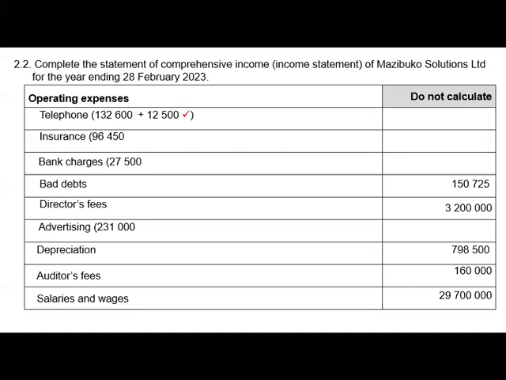What do we do with that 8,250? That we pay. But did we actually pay for the actual expense? Exactly. So what must we do with that extra money that we paid?